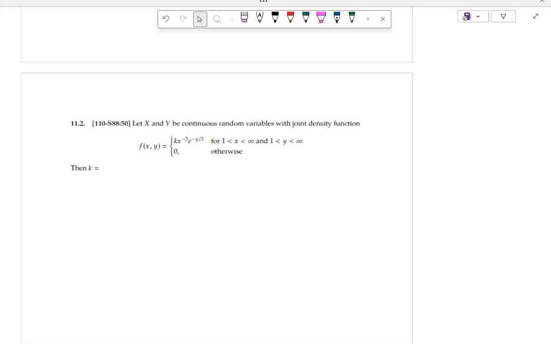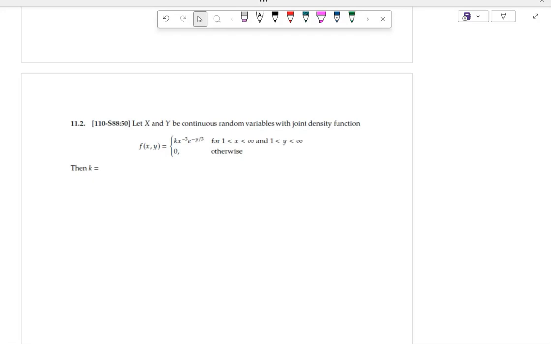But looking at this one, are x and y independent? Yeah, they are. Is your space rectangular? Yes, right? Your x's go from 1 to infinity, your y's go from 1 to infinity. So that's a rectangle, infinitely long on each side, but it is a rectangle.